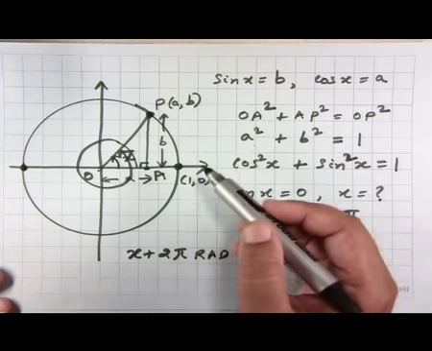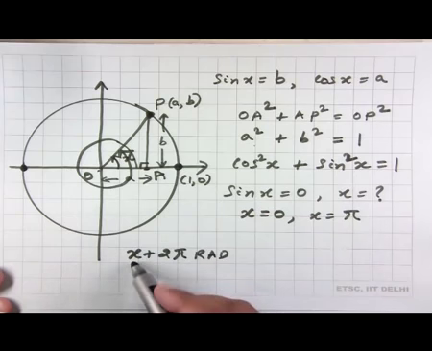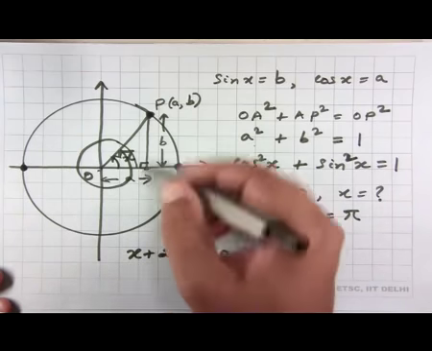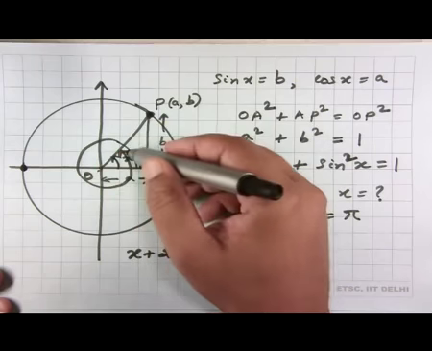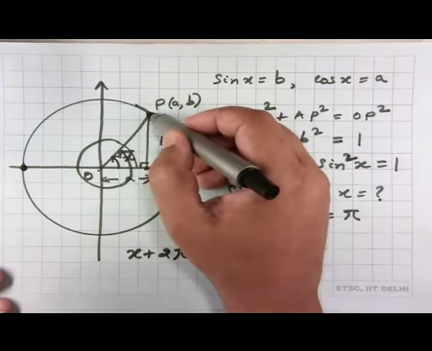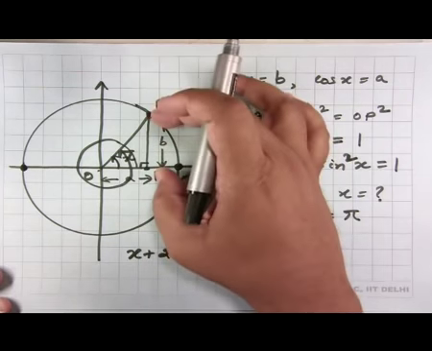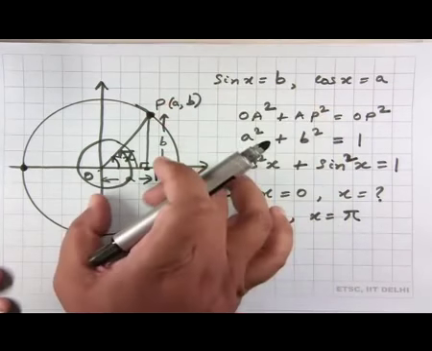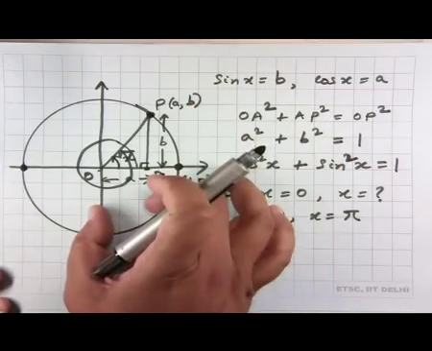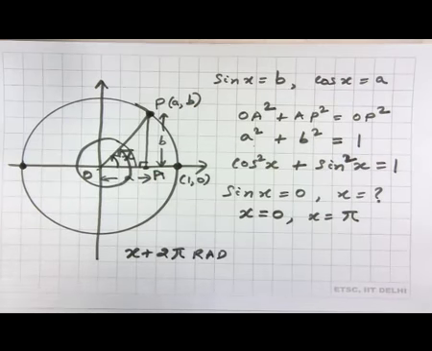But what we realize is that the coordinates of the point correspond, because after x plus 2 pi radians we also reach the same point P. Since we reach the same point, the x and y coordinates are definitely going to be the same, and therefore, we can conclude that sin of x and sin of x plus 2 pi are the same.